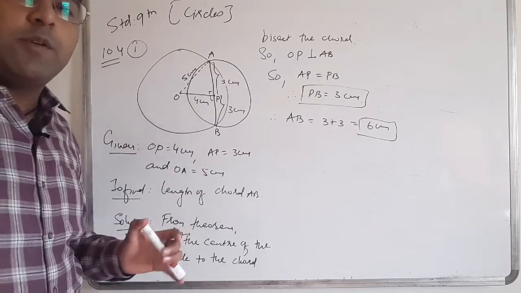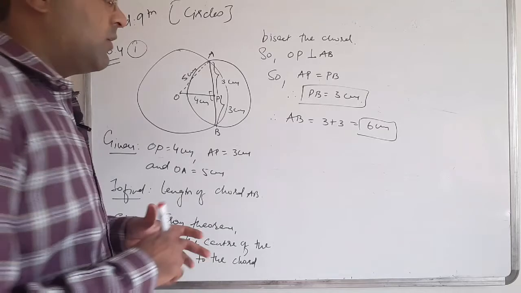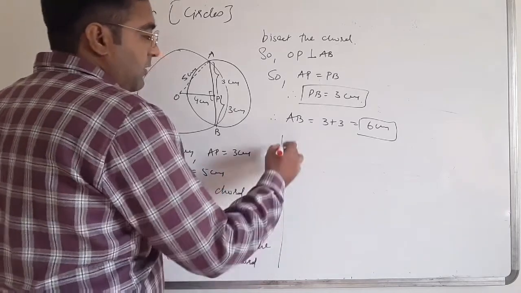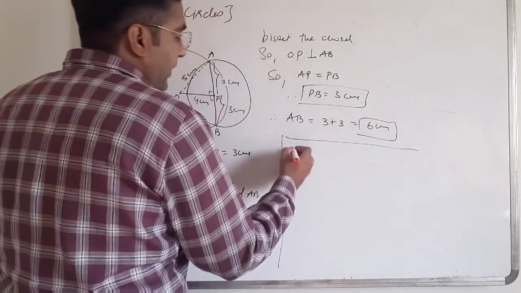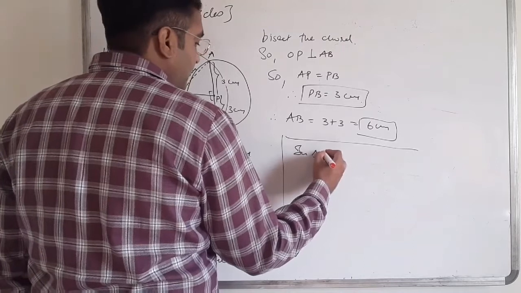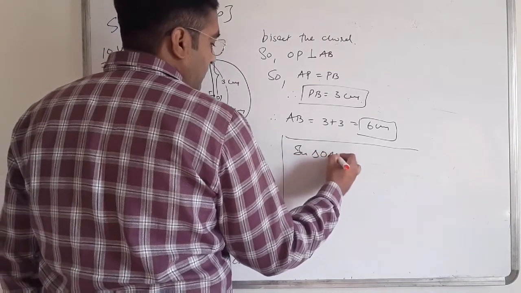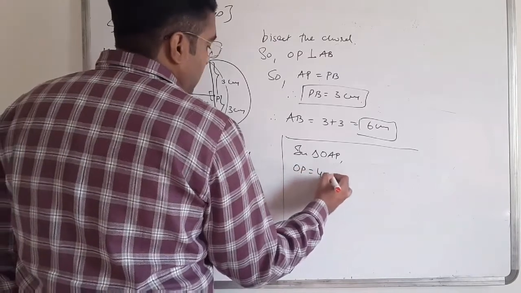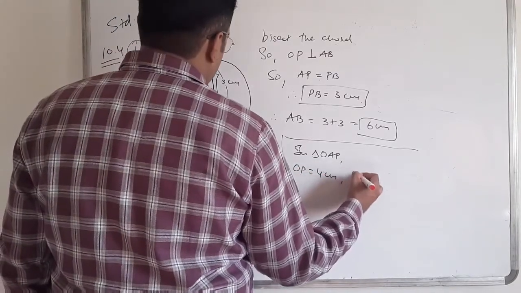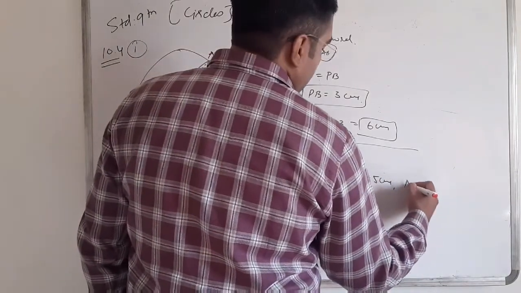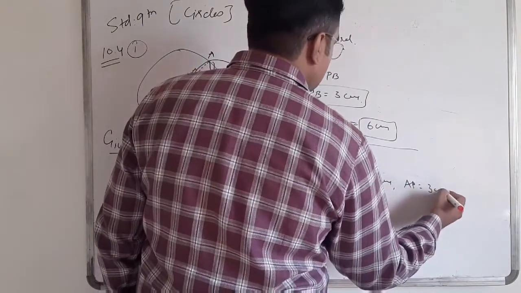Here you have to first of all write that in triangle OAP, OP equal to 4 centimeter, OA equal to 5 centimeter, and AP is 3 centimeter.